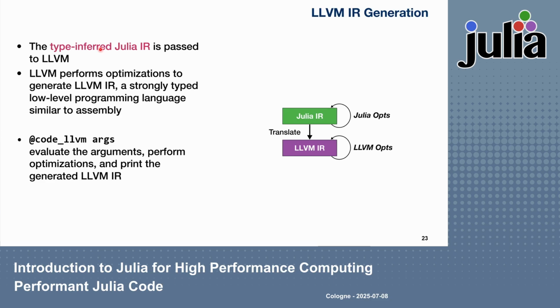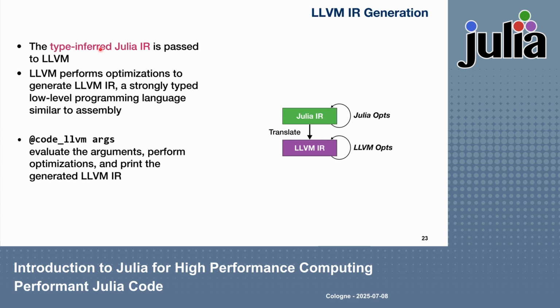You know, Julia is really trying to get the very last bit of performance from the code. I will show you this later. LLVM will perform further optimization to generate performant code. To get the LLVM, you can use code_llvm.